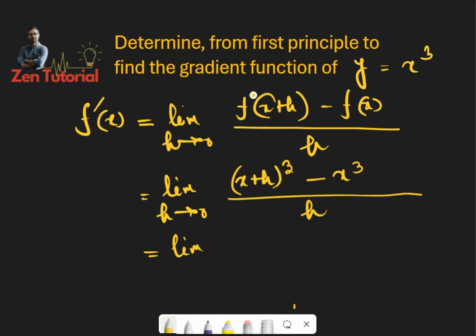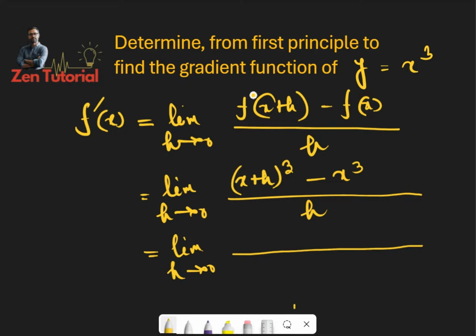Now again we have to write down limit h tends to 0 until and unless we are plugging in the value of h as 0, and we should not drop the limit where we would find infinity or 0 by 0 form. So let's simplify.